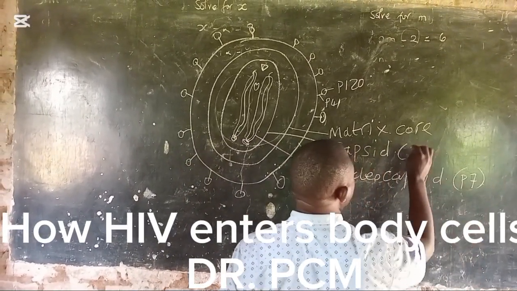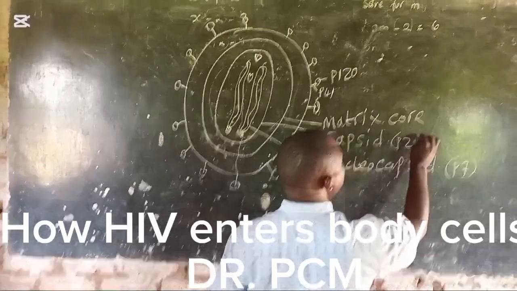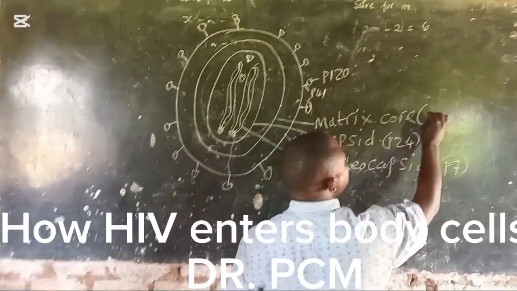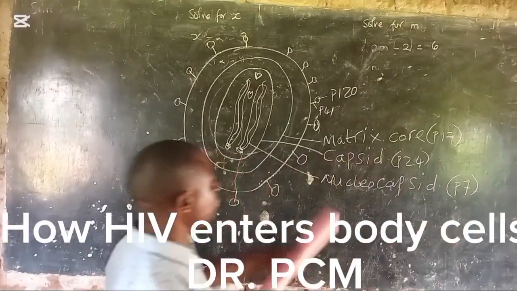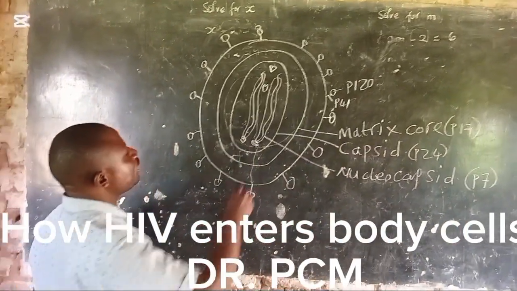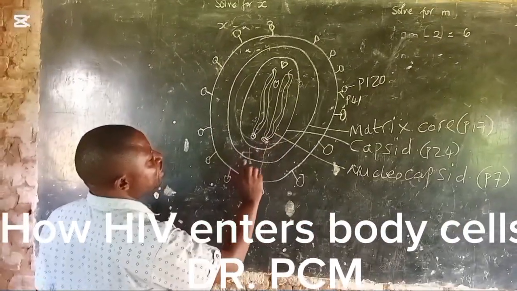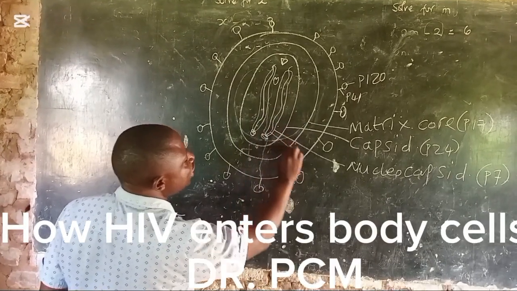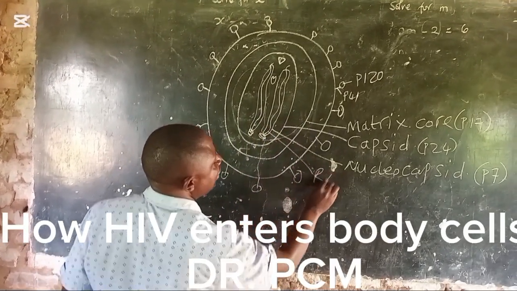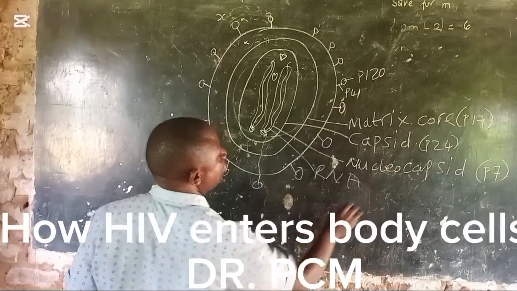Then you can call it P7, that one P24, and that one P17, because those are proteins. They are named protein 7, type 7, like that.